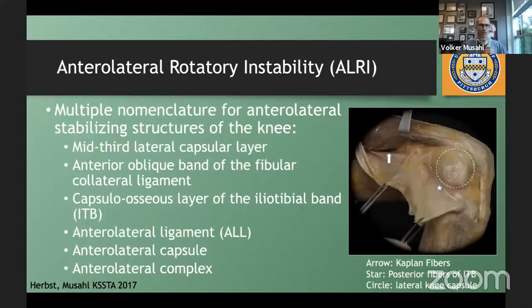So now let's talk about anterolateral instability. I think that's what many of you would like to hear about. And I also want to preface this by saying anterolateral instability is not new at all. Obviously, Paul Segond described it before 1900 even. But since 2013, there's been an explosion of literature on this.